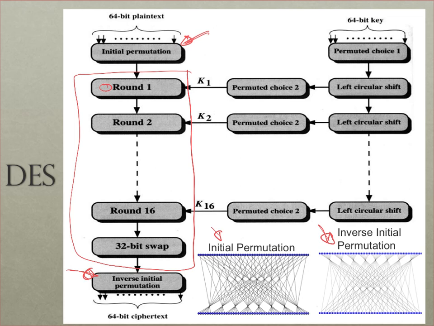So the assumption here is that doing this initial permutation and inverse initial permutation will increase the strength of the DES algorithm using the Feistel structure. The other thing that we need to notice here is that part of the Feistel structure has what we call the sub-key generation.